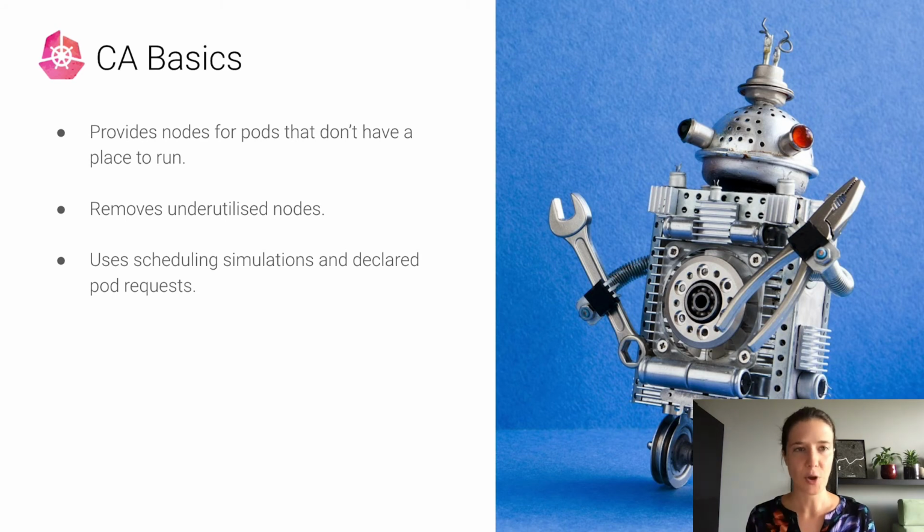It's important to note that it is based on simulation of scheduler decisions and declared pod requests. It doesn't use any actual dynamic metrics like usage or observed requests per second. We'll take a look at how it works in practice.